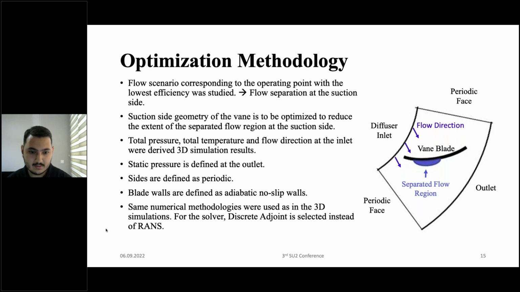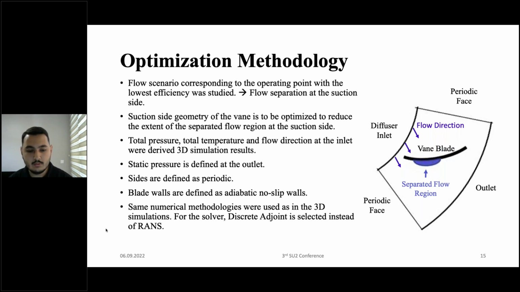As I said, the suction side geometry of the vane is to be optimized to reduce the extent of the separated flow region at that suction side. The total pressure, total temperature, and flow direction at the inlet were derived from 3D simulation results. The static pressure is defined at the outlet. Again, the sides are defined as periodic, and blade walls are defined as adiabatic no-slip walls.